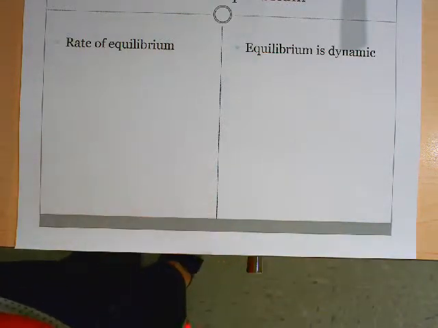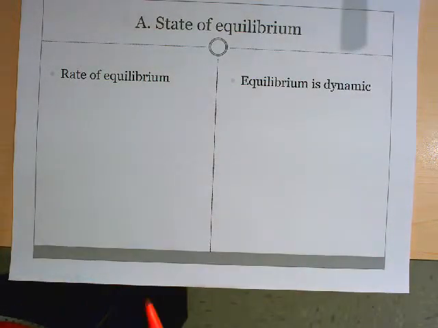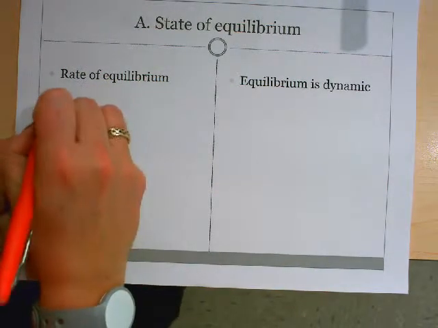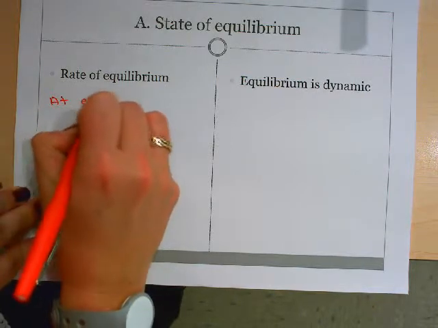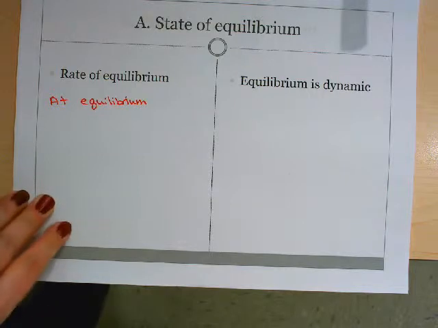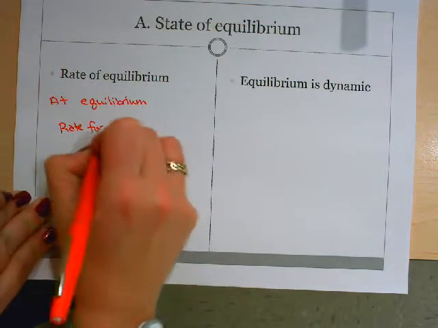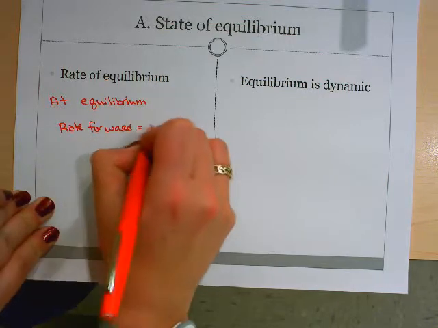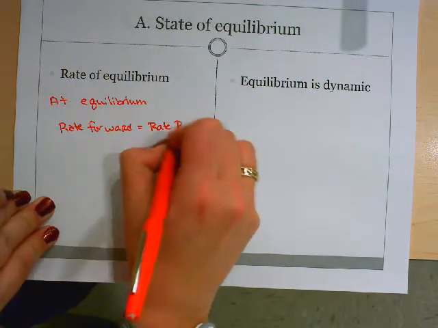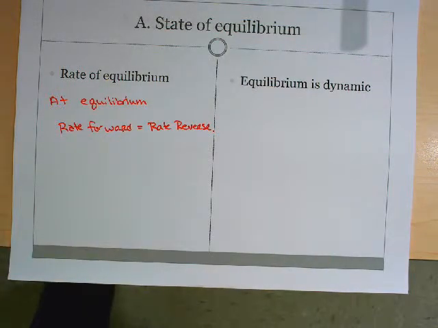Alright, so state of equilibrium. So we have to figure out what the rate of equilibrium is. Alright, so at equilibrium we can say that the rate forward is equal to the rate reversed.